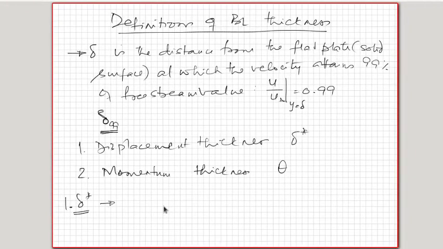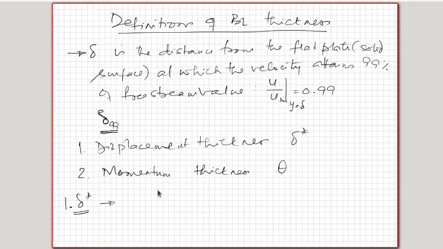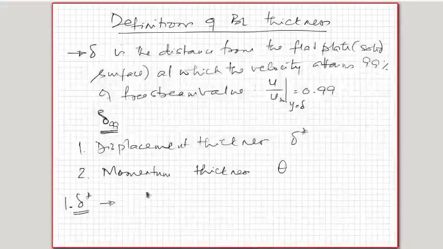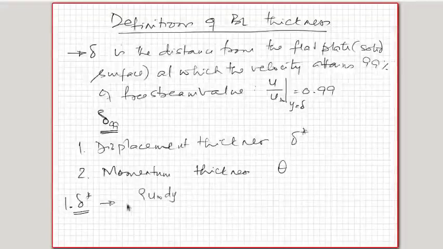What does it mean? Suppose you consider free stream as the one which has velocity equal to u infinity. Then the mass flow rate per unit delta y can be given as, let us say, rho u infinity dy.